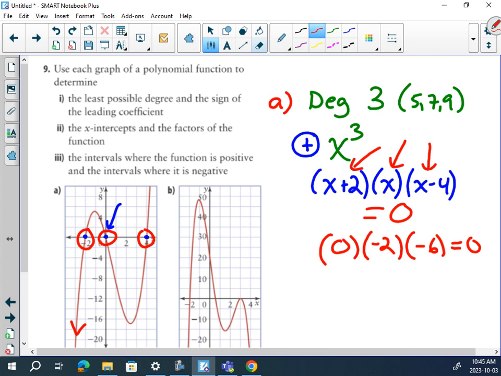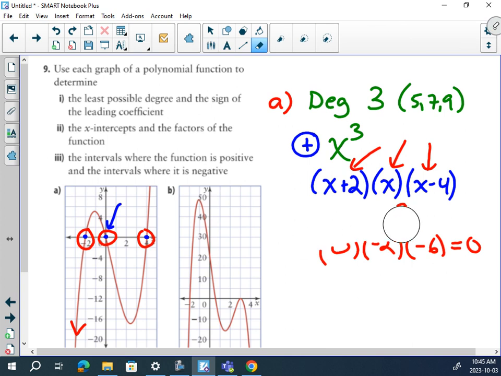When I put that x value into my equation, I get a y value of 0 as well. So that's basically the end of that one. It just asks us for the x-intercepts. They are given to us here, -2, 0, and 4. And the factors would be x plus 2, just plain x, and x minus 4.